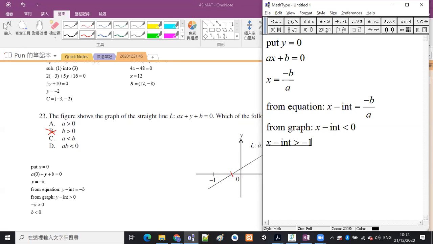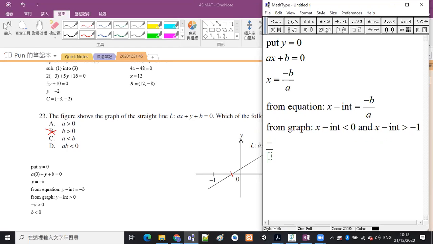Okay, so 即係咧喺呢個 graph 裏邊咧，我哋同時間有兩樣嘢喎。The x-intercept is less than 0 and it is larger than negative 1. OK，好，咁我哋咧就逐個嚟下。Combining the information from the equation and from the graph, we have negative b over a.